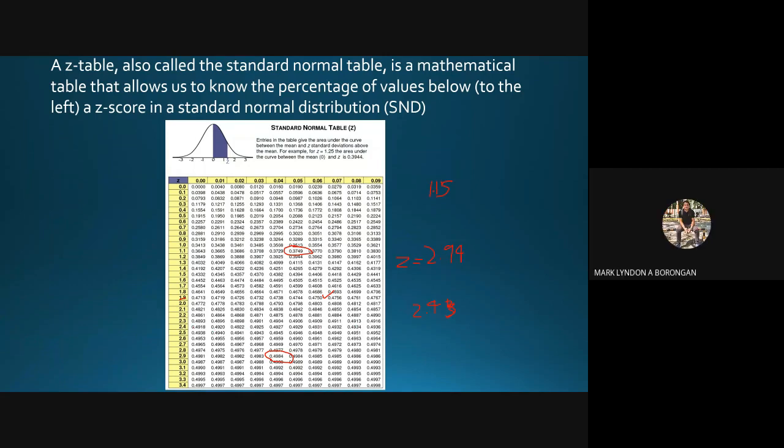We found 2.4, then 3 for 2.43. Very good.